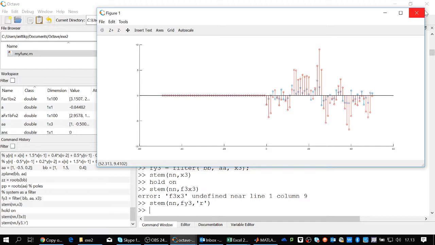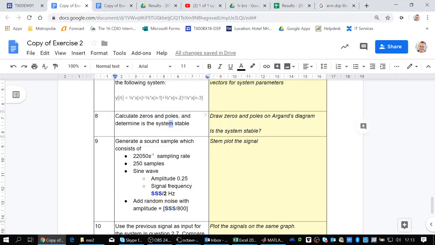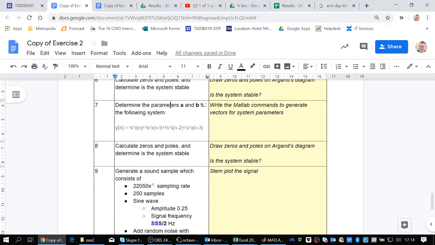But the further analysis of the system behavior would be for tomorrow. Your example is, let's see which system. This system here.